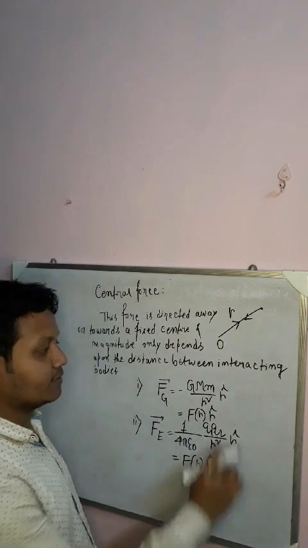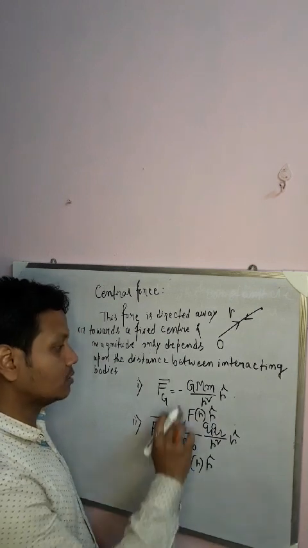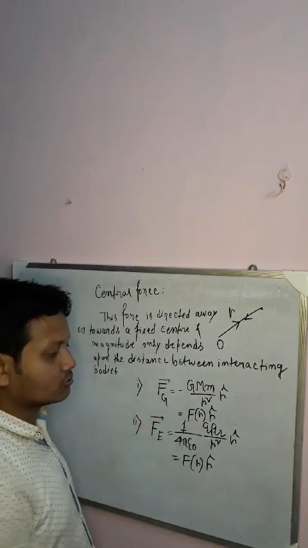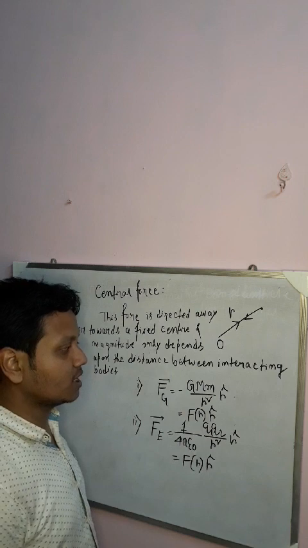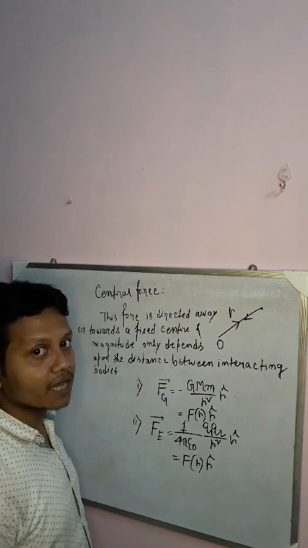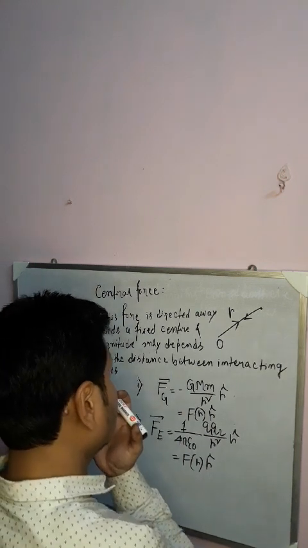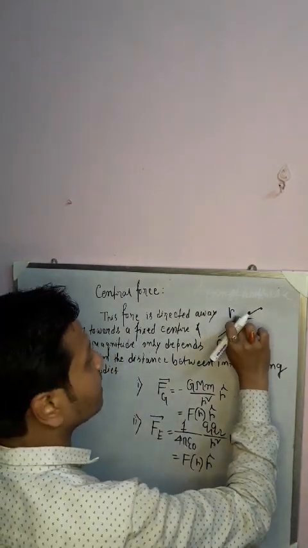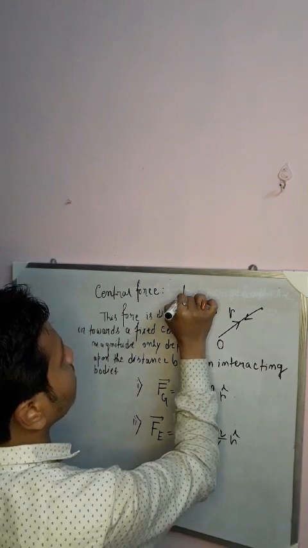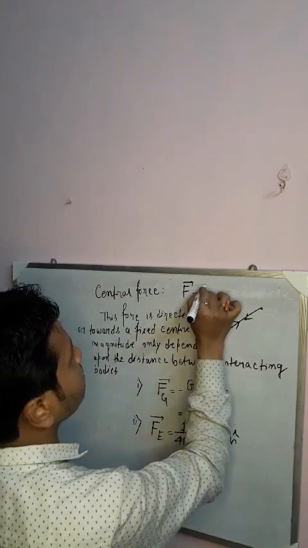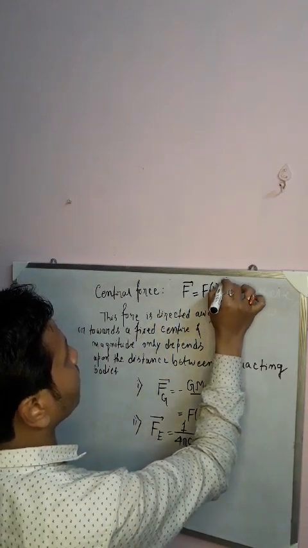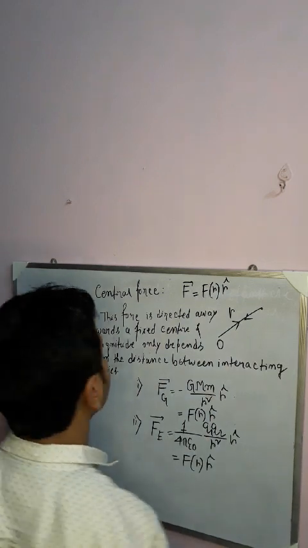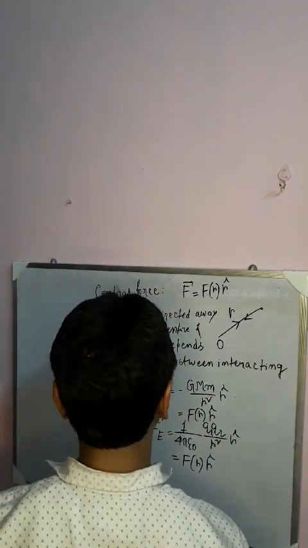Gravitational force is always attractive, but electrostatic force can be attractive as well as repulsive depending upon the sign of charges. So this is the definition of central force: it only depends upon the distance between the interacting bodies. That's why we can write this force in the form f of r into r cap, only a function of r.